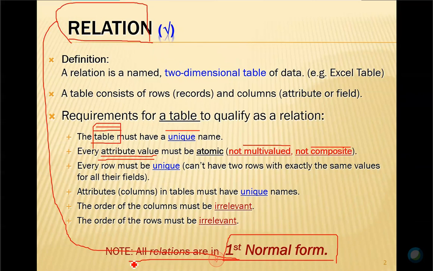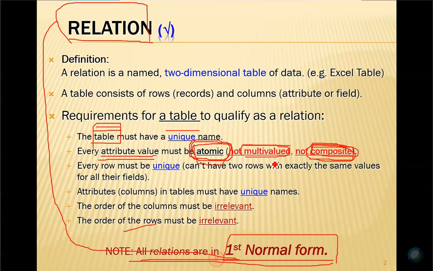All relations are in the first normal form. When you have a table that's a good relation, that means everything in this table needs to be atomic. No multi-values, no composites. This is very important, so I hope you can pay attention to it.